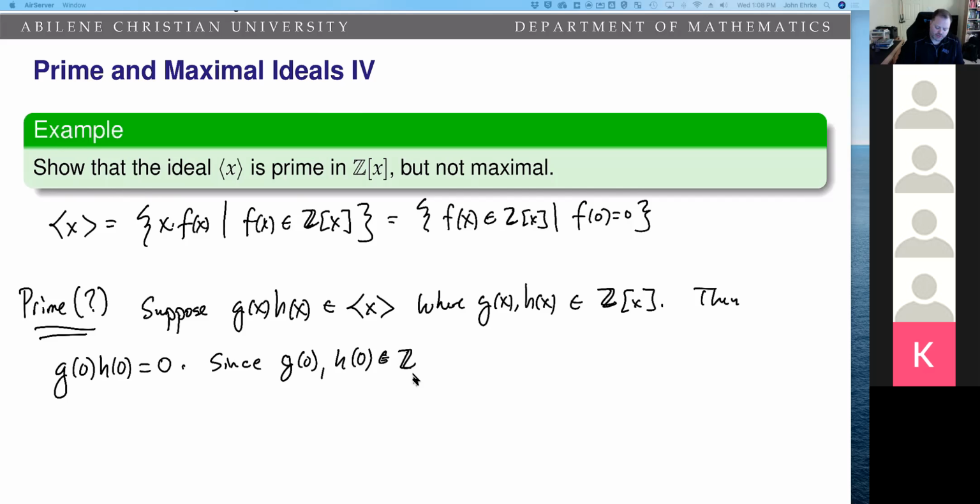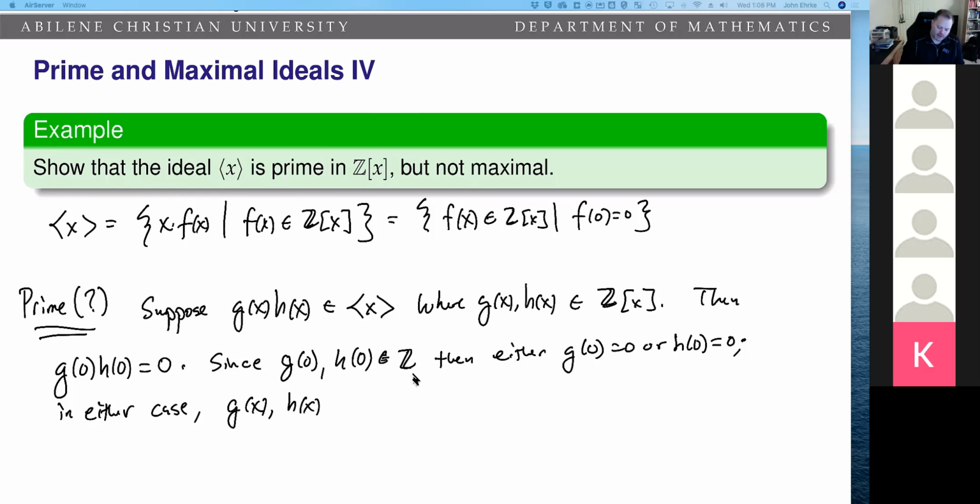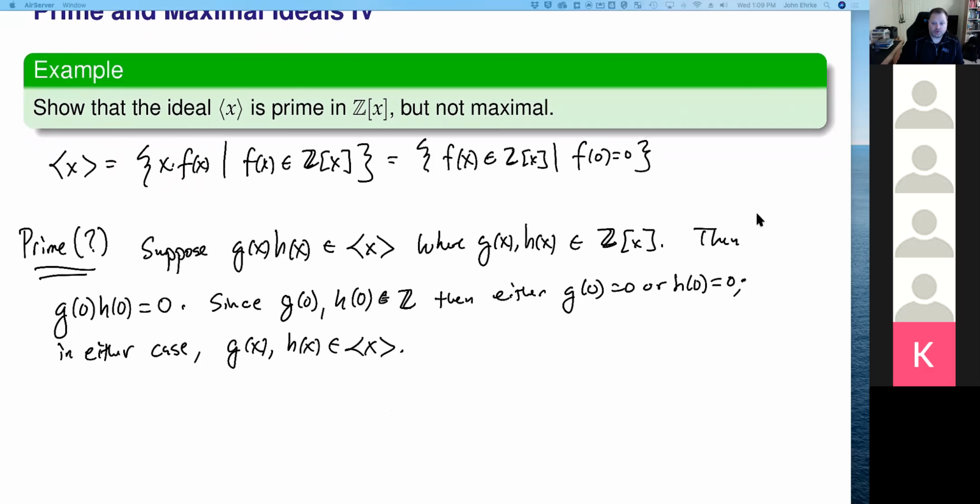So since g of 0 and h of 0 are integers, either g of 0 is 0 or h of 0 is 0. In either case, g of x or h of x is an element of this principal ideal. There's no way that one of these isn't in the principal ideal because one of them has to have a 0 constant term. So the conclusion there is that this is a prime ideal.